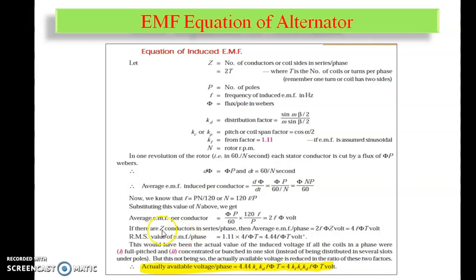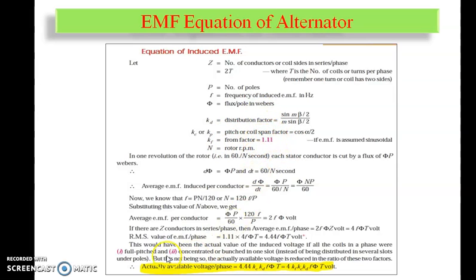Now the RMS value of EMF per phase equals 1.11 into 4 f phi T, that is 4.44 f phi T. We take 1.11 because of the form factor; it is always 1.11 here.